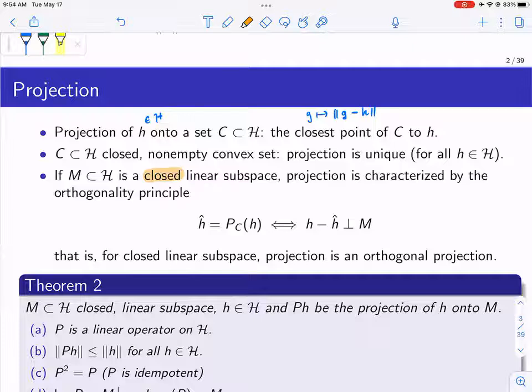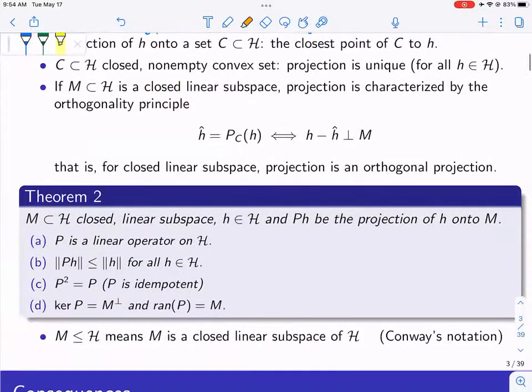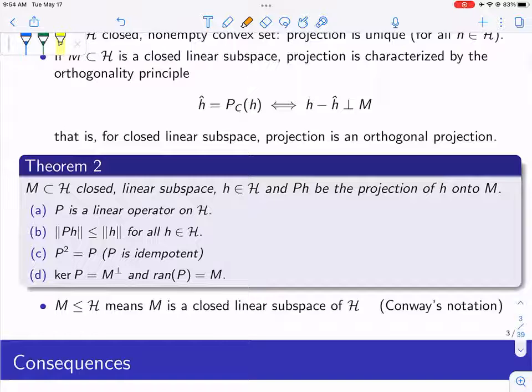Then you would have a problem. But if you look at the closed linear subspaces, then everything is similar to the finite dimensional case, sort of. So we get this result that if M is a subset of H and it's a closed linear subspace, for every H, that's P of H. I'm not proving these, but just listing some of the properties.